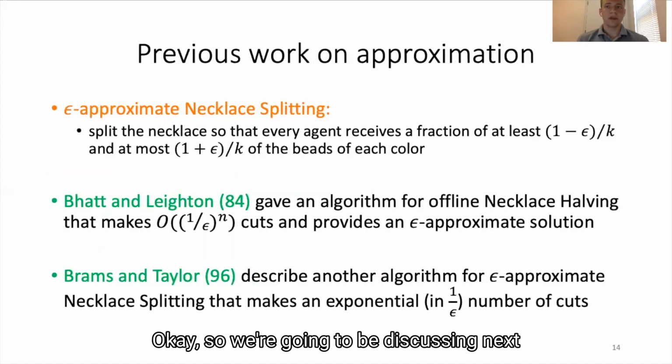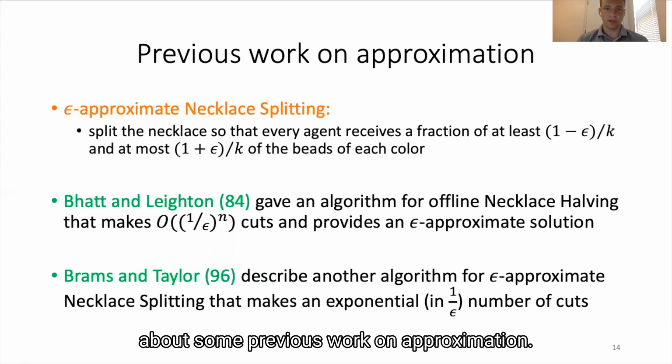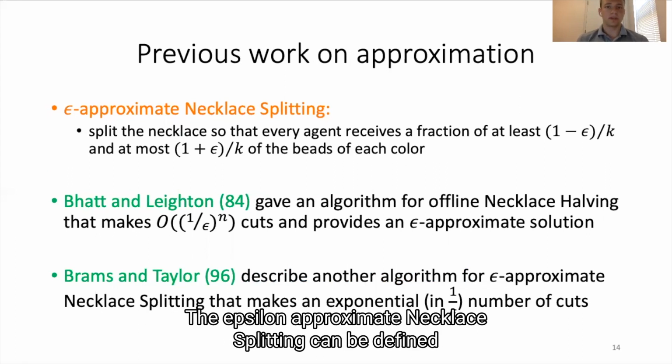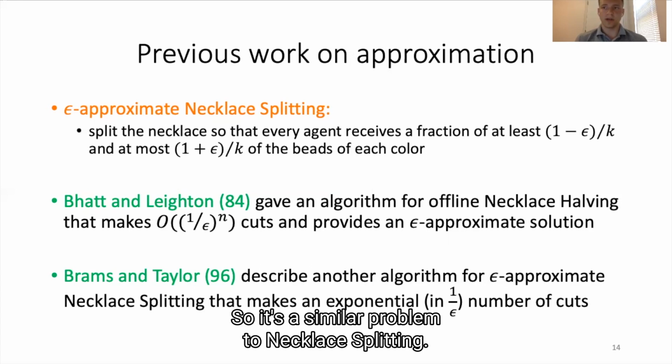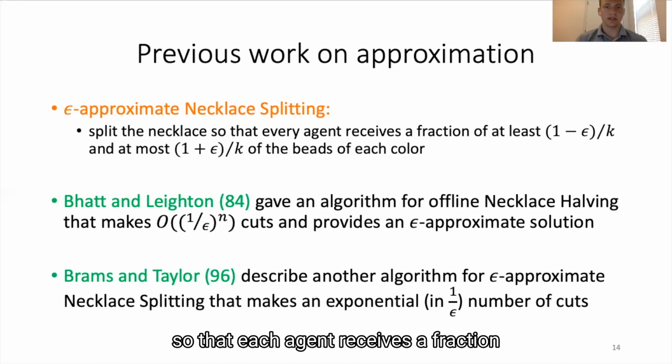Okay, so we're going to be discussing next some previous work on approximation. The epsilon-approximate necklace splitting can be defined in the following way. It's a similar problem to necklace splitting, but here the goal is to split a necklace so that each agent receives a fraction of at least (1 minus epsilon) over k and at most (1 plus epsilon) over k of the bits of each color.